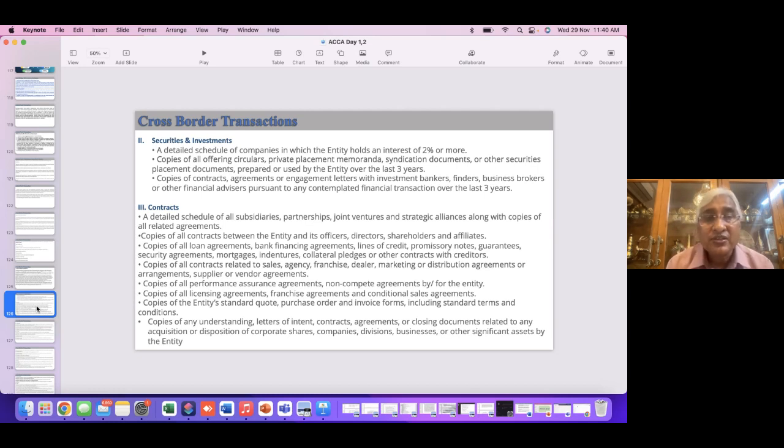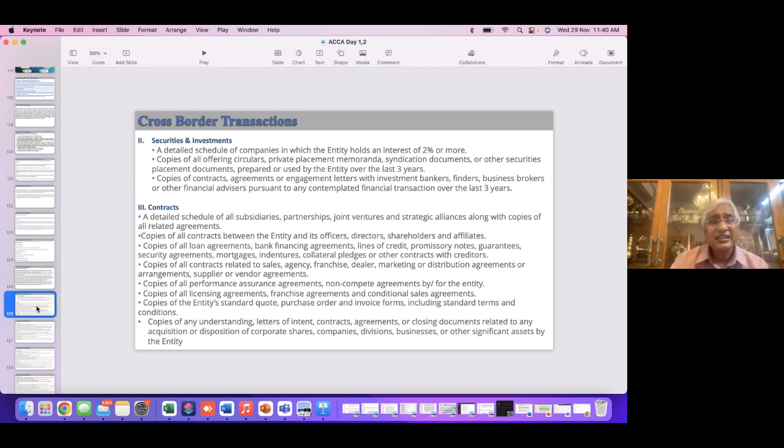Copies of contracts, agreements, engagement letters with investment bankers, finders, business brokers, or other financial advisors pursuant to any contemplated financial transaction over the last 3 years. So again, 3 years is the minimum period for which you have to produce your documents whenever you are called for.